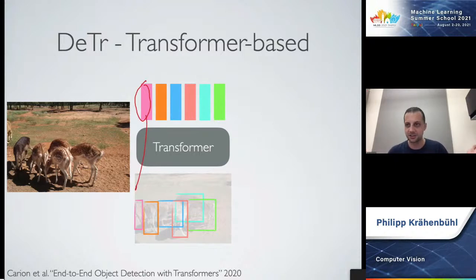It turns out in object detection, you rarely have to detect more than 100 objects. So you can just use 100 tokens, or maybe a few hundred tokens, and transform them into a few hundred boxes. Now for each box, you're also going to regress a binary classification, which is: does this box really contain an object, or is this box just there because in some other image it might be helpful? And so this is the high-level idea of detection transformers, or DETRs.